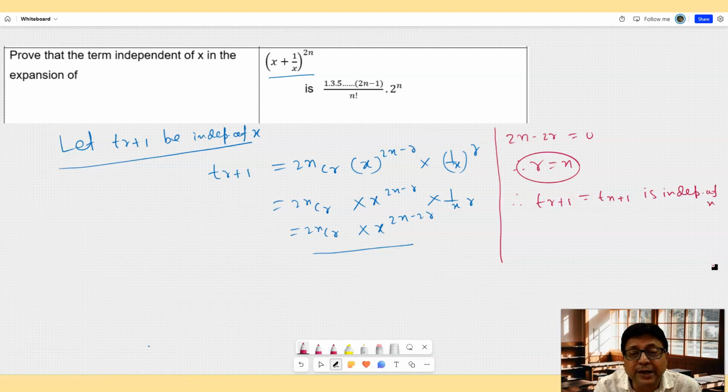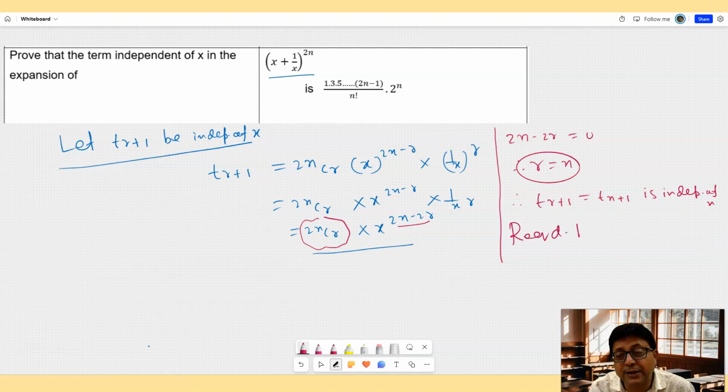Really, if you put r equal to n over there, x to the power 0 will be 1. No x will be there. Now the problem is to evaluate this one, because they asked you to find the term independent of x. No x is there, but the absolute term is there.